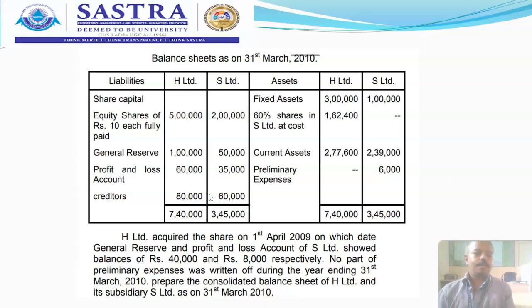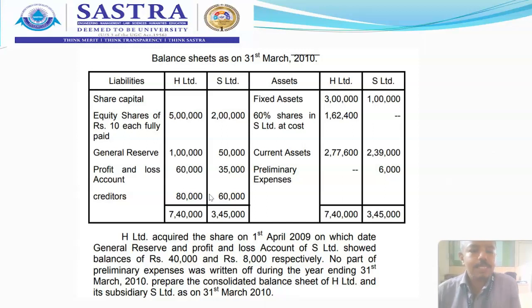You don't need to worry about what is the capital profit portion, what is the revenue profit, what was before acquisition, what was after acquisition. You don't need to worry. It can be together, because for calculating goodwill only we need to see before acquisition, whereas for calculating minority interest you don't need to worry about capital and revenue distinction, because the minority shareholders were existing for a long term.